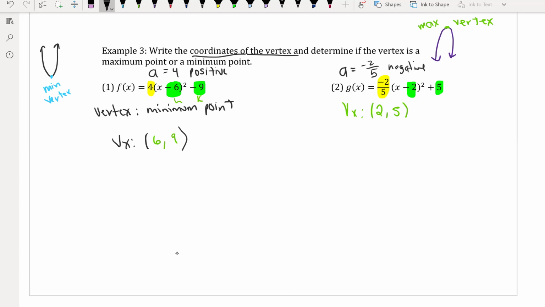So that means I'm going to have a maximum point. Okay, so we've written the coordinates of the vertex and determined if the vertex is a maximum or a minimum point.